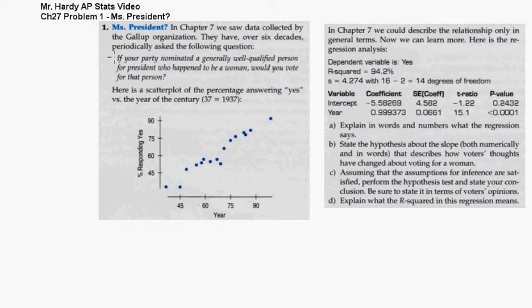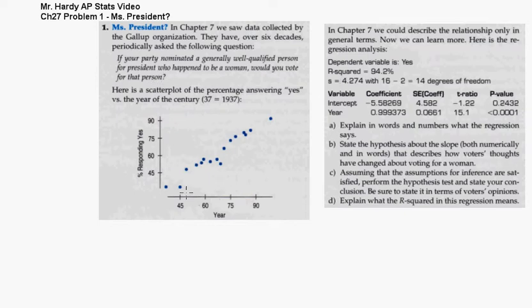So first, we have a poll that was taken periodically, almost every year, where they collected data for the following question: if your party nominated a qualified person for president who was a woman, would you vote for that person?